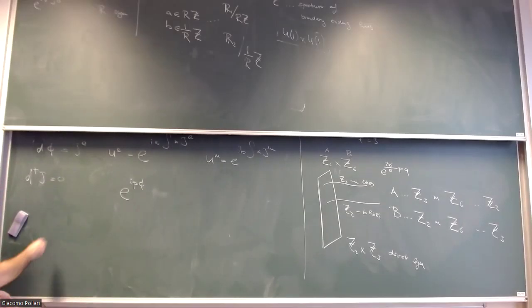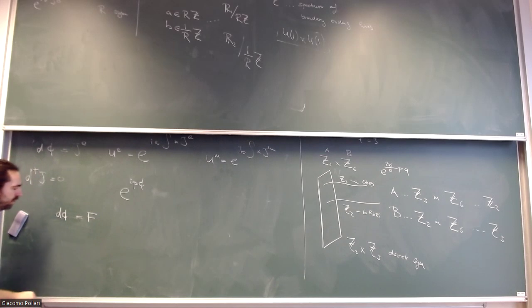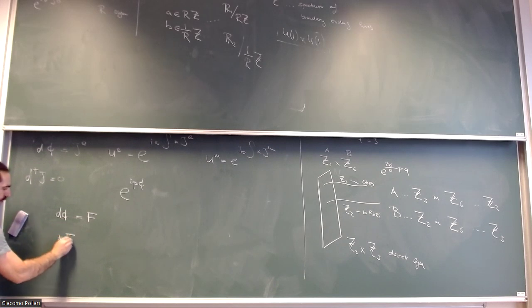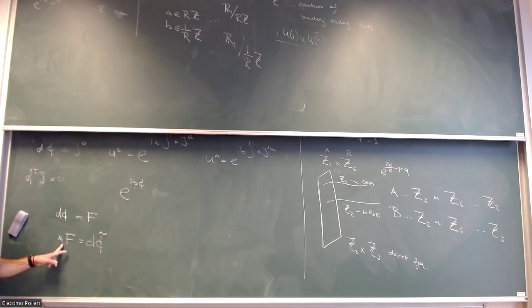What I mean by dual phi is that I can define d phi to be some F. I can solve this F to be d of phi, but I can also ask, is there another degree of freedom, phi tilde, which is a potential for the dual curvature, in a way in 2D just like in 4D Yang-Mills.